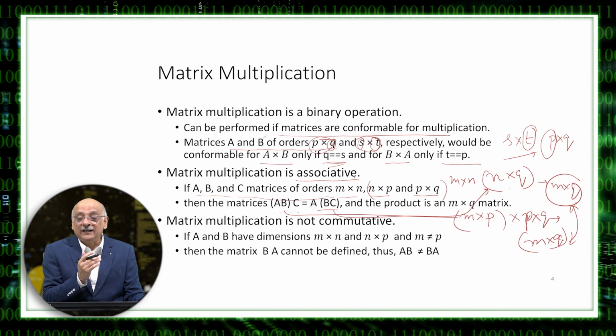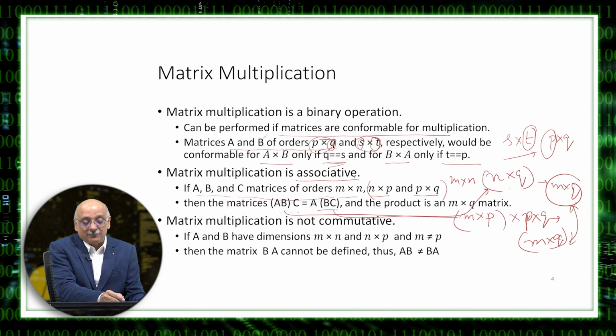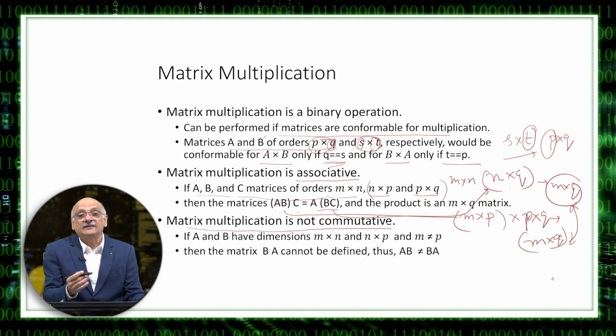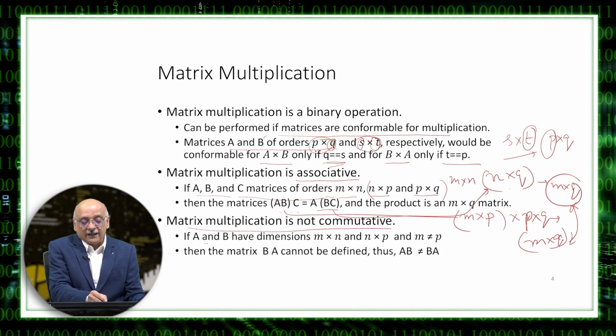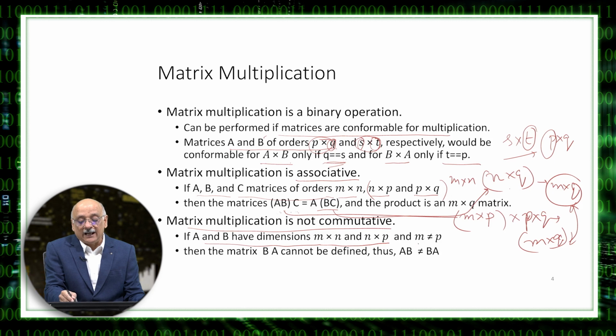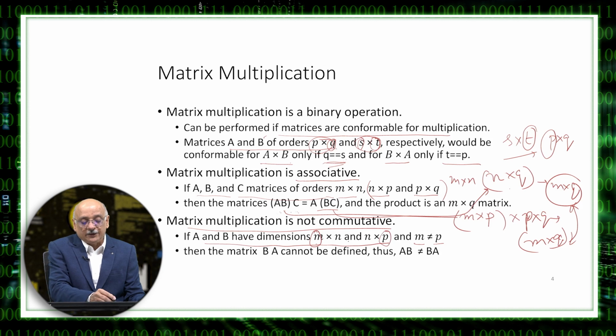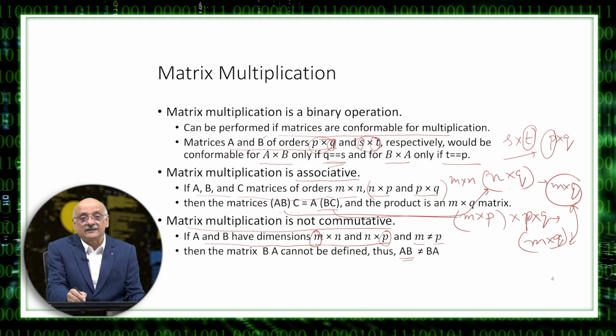However, it is a very interesting situation that matrix multiplication is not commutative. Why? Because if A has dimension M cross N and B is N cross P, and M is not necessarily equal to P, you will be able to define AB because the inner dimensions are the same.